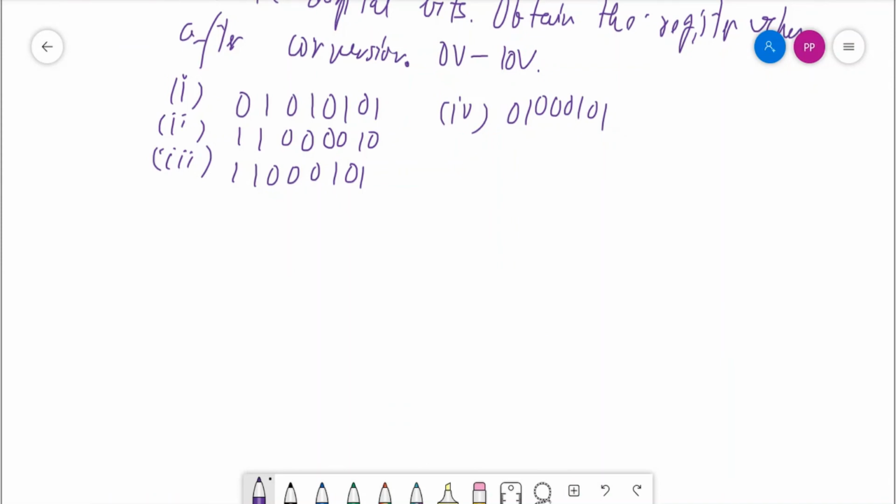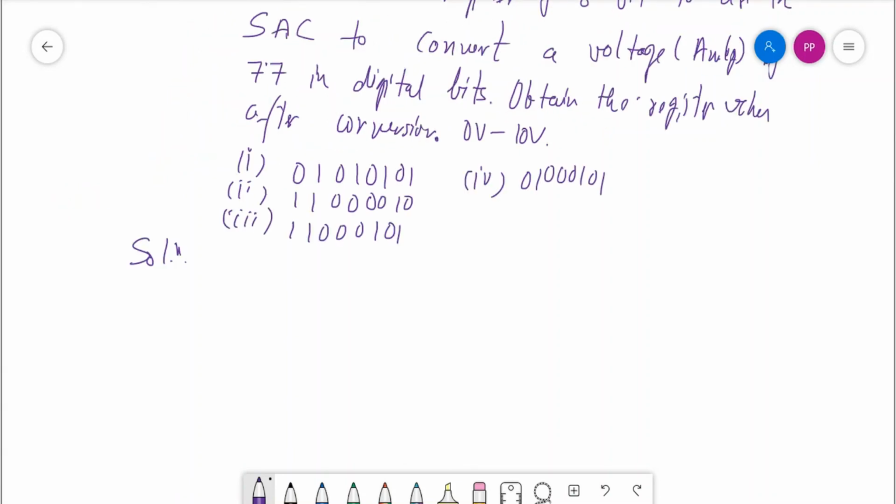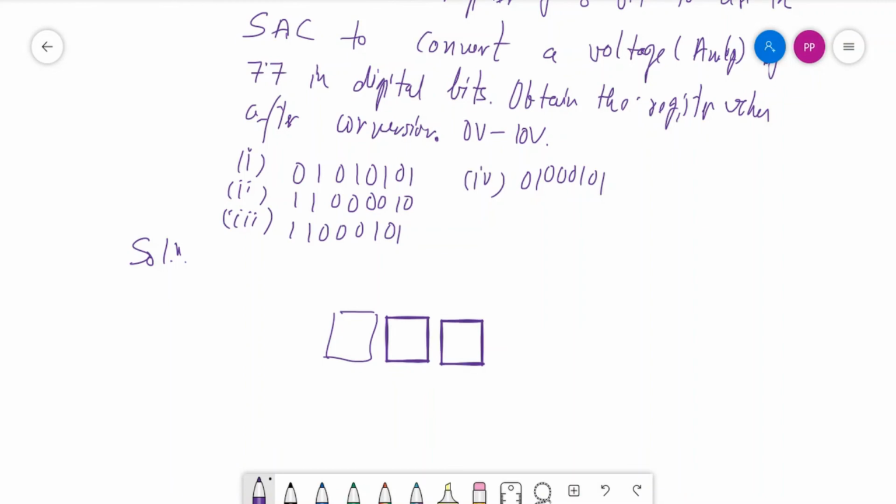So let us see how this problem can be solved. So we have the 8-bit register. Let us design an 8-bit register: 1 2 3 4 5 6 7 and 8.